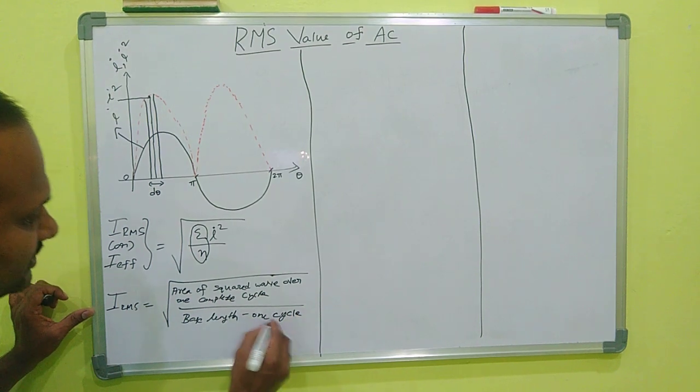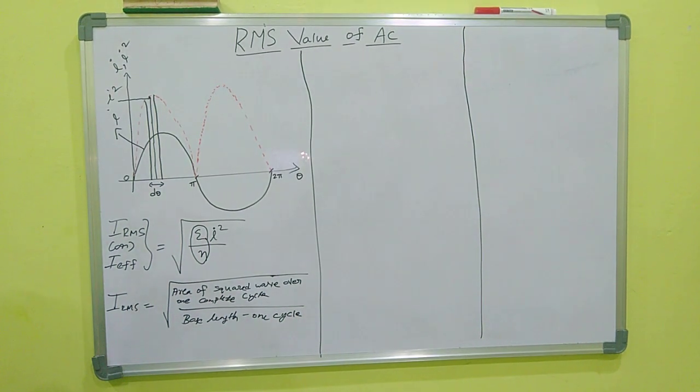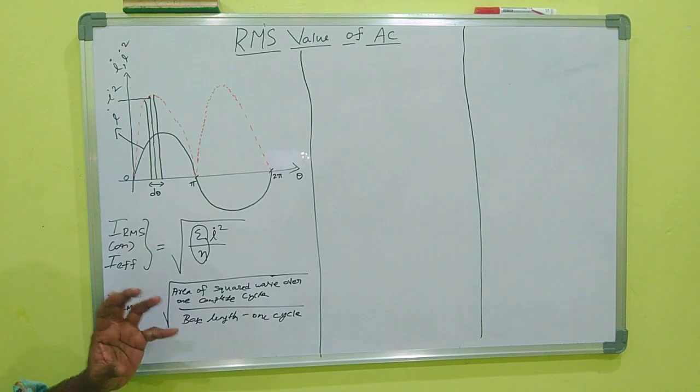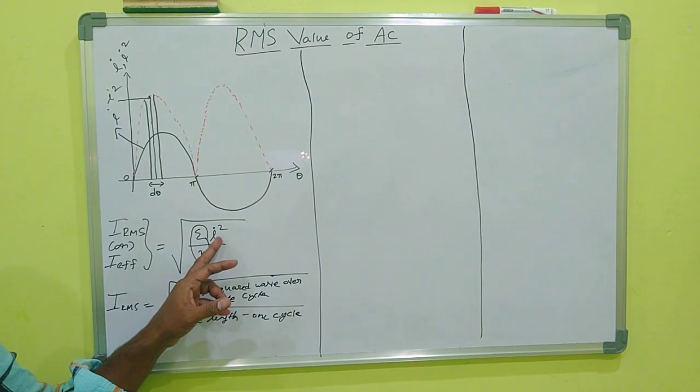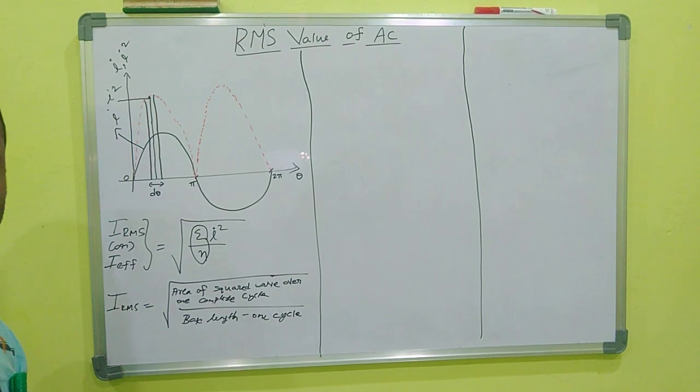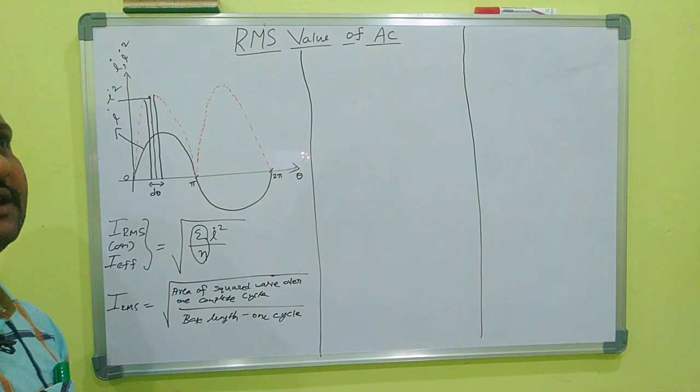Don't forget, here we have taken one cycle. This is the way to find the sum of the squares of all the currents in one complete cycle. How do we find the sum of the squares of all the currents in one cycle?